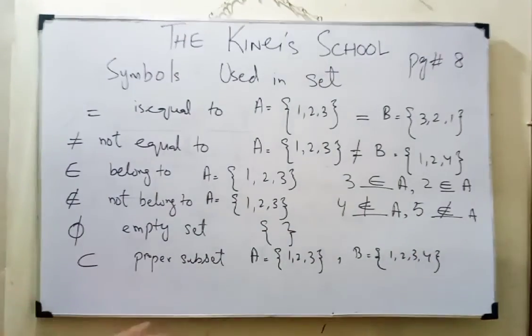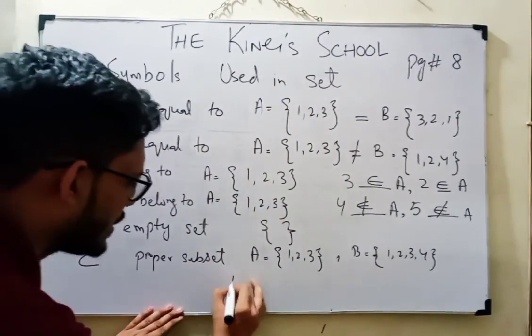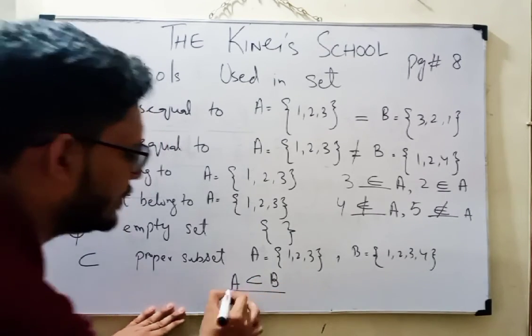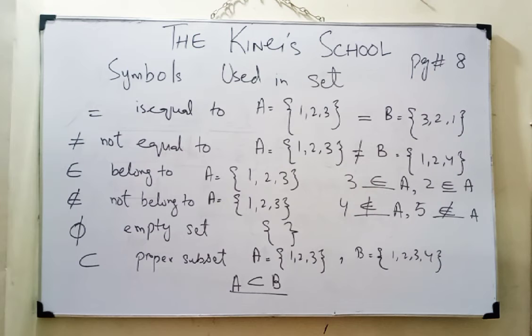So we can write A is a proper subset of B because every member of the set A is present in set B. So this C sign represents proper subset.